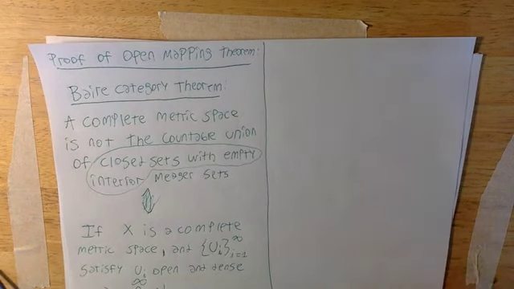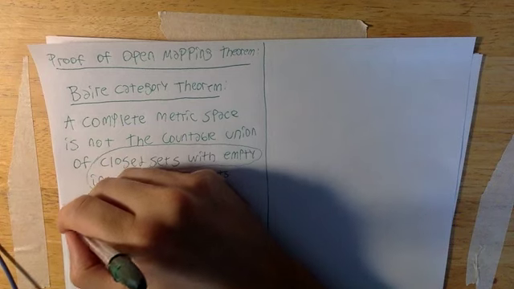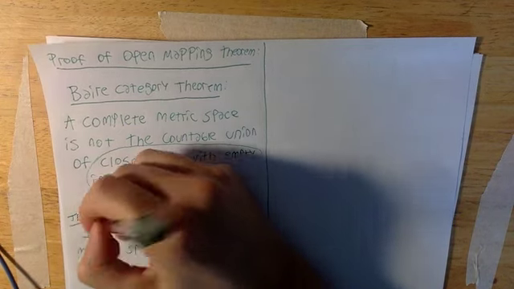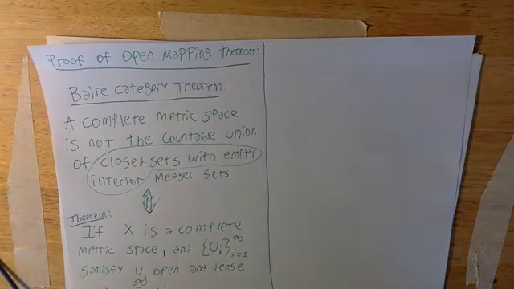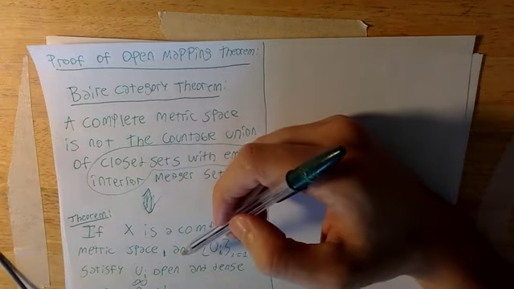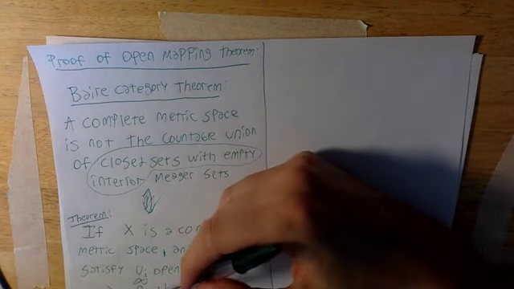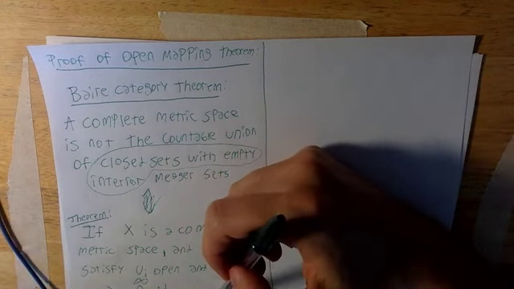Okay, so this would be the theorem. So the theorem is: if X is a complete metric space and U_i satisfy U_i open and dense, then the intersection of U_i is also dense.